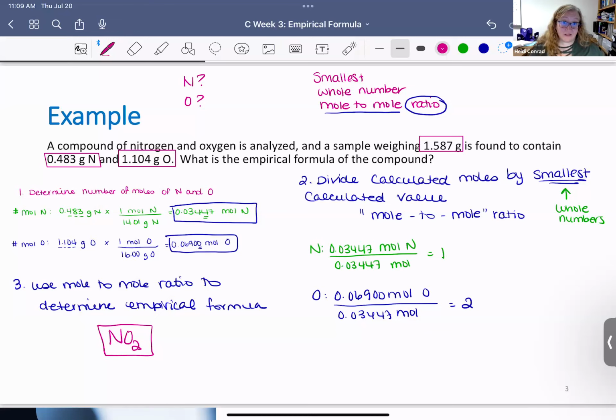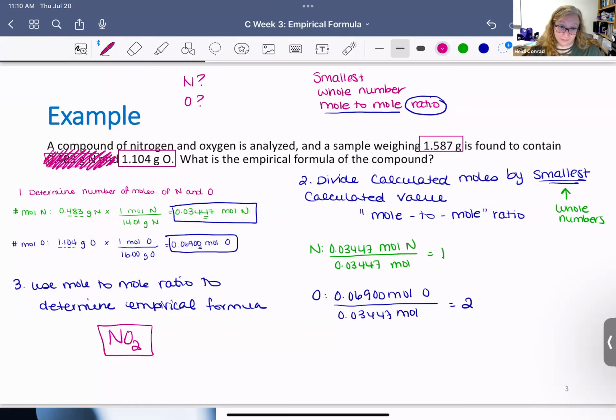Was the 1.587 grams of original sample useful? Not particularly at this point, but what if I had told you that I had a compound that contained nitrogen and oxygen? I said the sample weighed 1.587 grams, but I cut out the nitrogen amount and said 1.104 grams of it was oxygen.